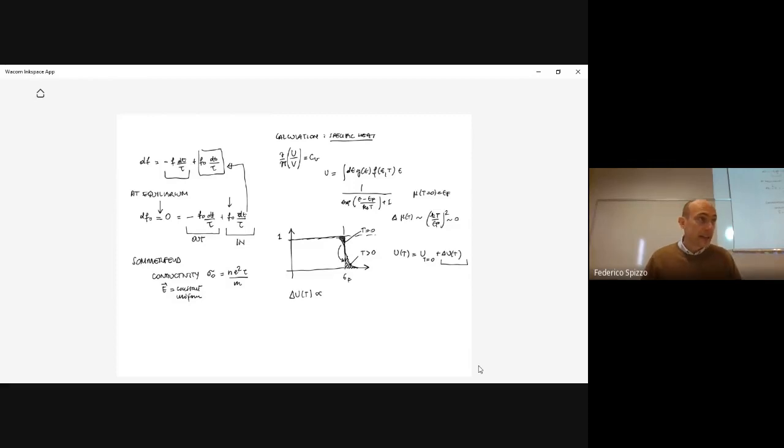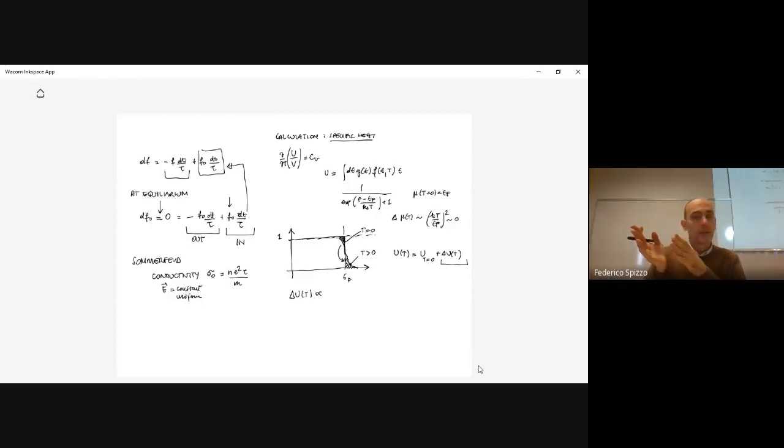What is the number of electrons that have changed their condition? The number of electrons is related to the range of energies where we observe this deformation.